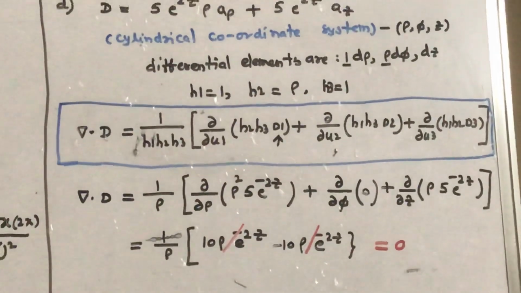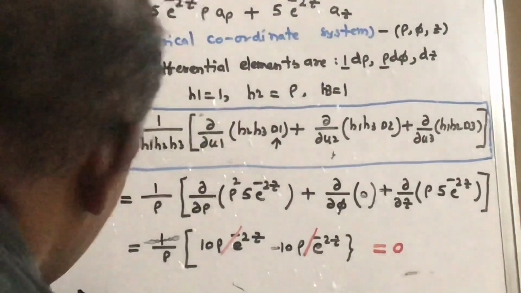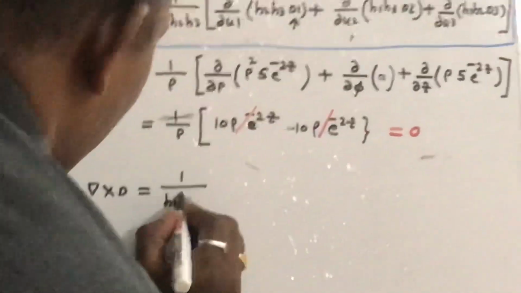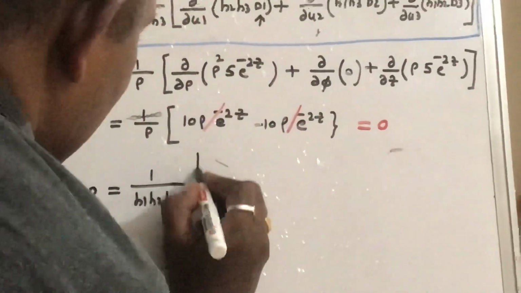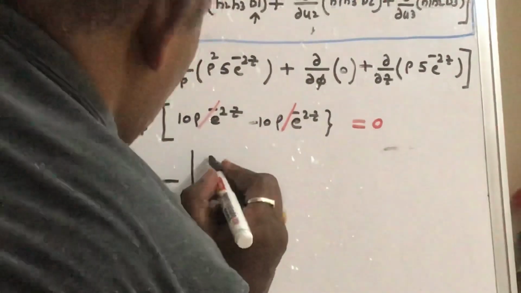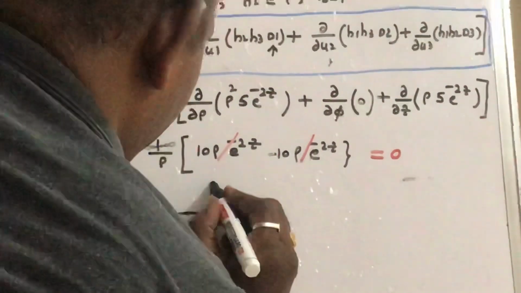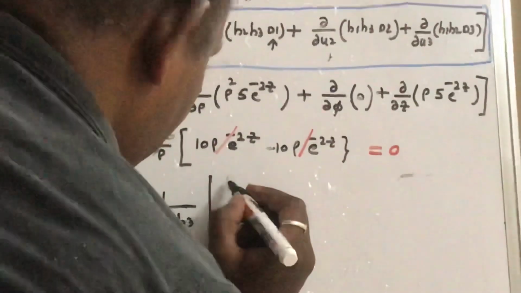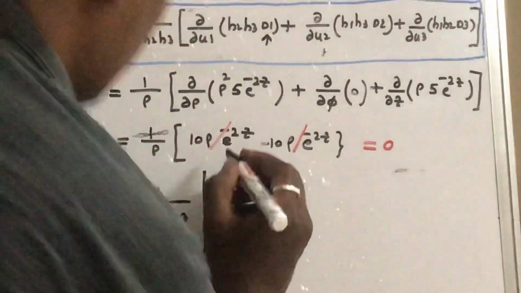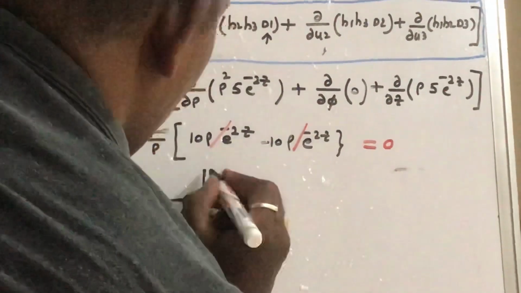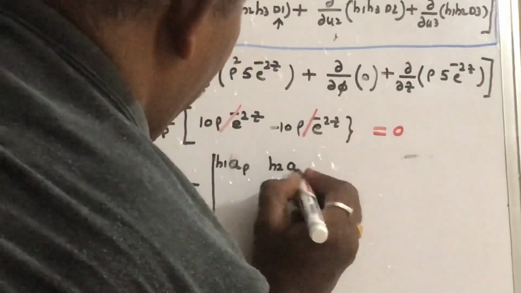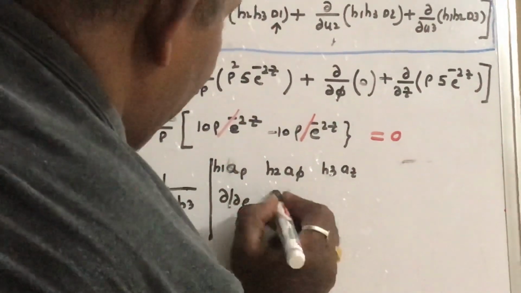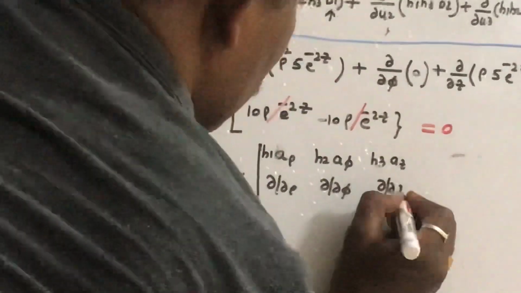Let us find out the curl. That is del cross D. For this, remember this formula: 1 by h1 h2 h3. We can use the same formula for all coordinate systems. For this coordinate system, the first row is h1 a rho, h2 a phi, h3 az. The second row is dou by dou rho, dou by dou phi, dou by dou z, because of the cylindrical coordinate system.